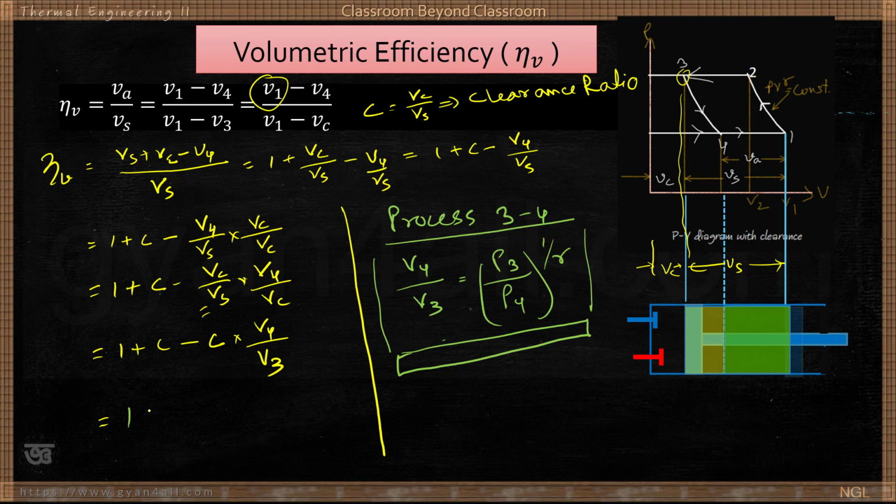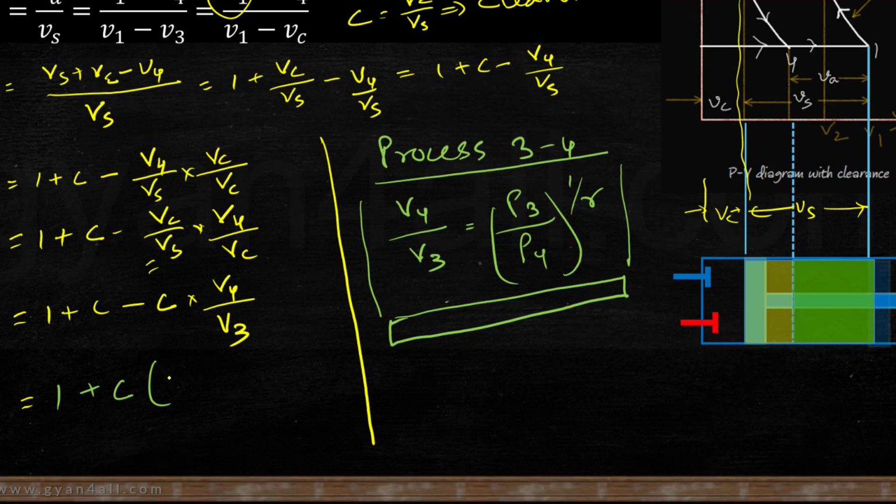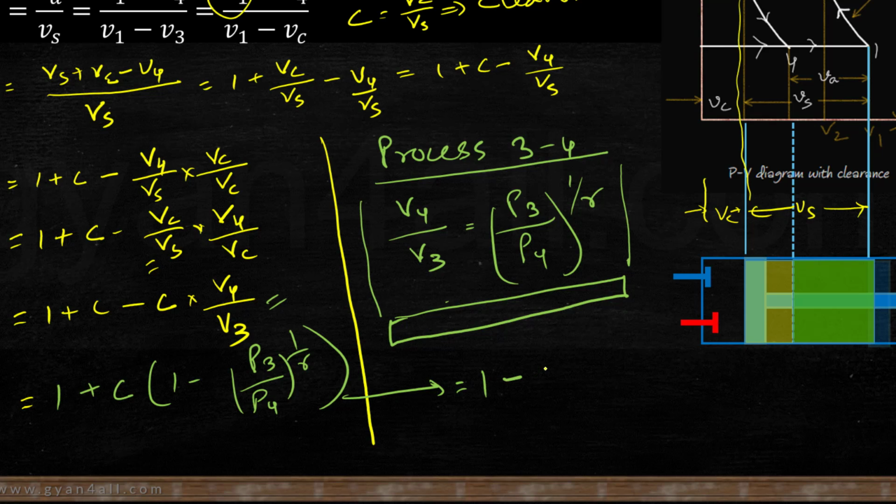We can take C common, and that is equal to 1 minus C times P3 divided by P4 all to the power 1 by gamma minus 1.